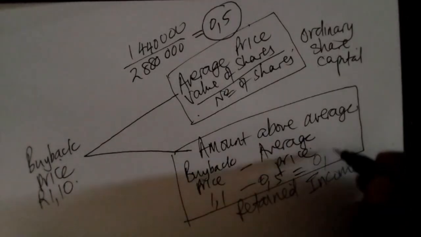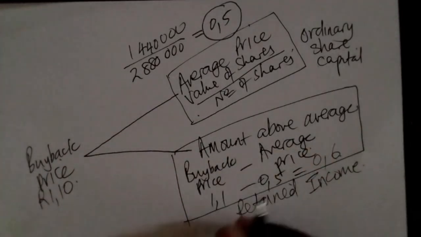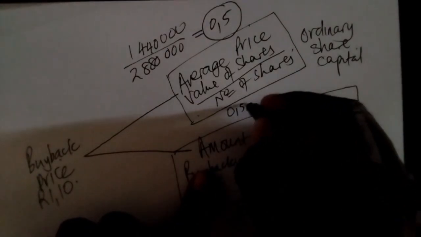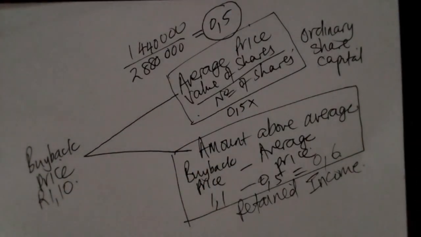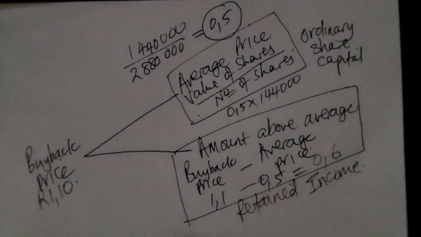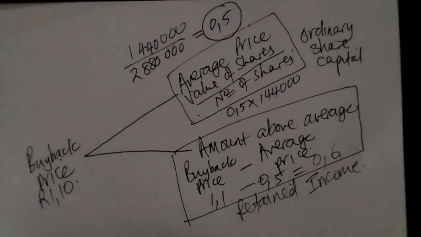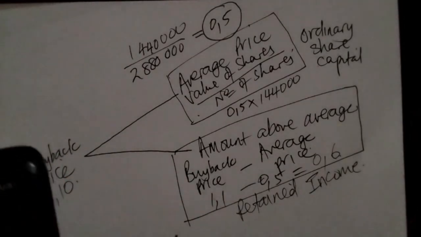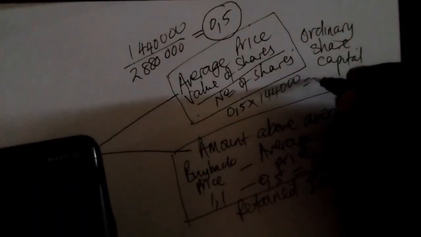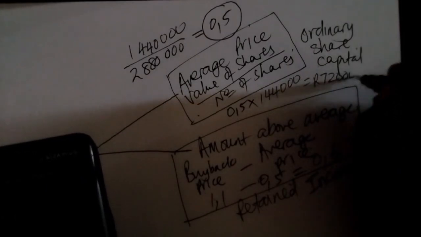So when I'm dealing with ordinary share capital, I'm going to say 0.5, which is the average price, times the 144,000, which is the number of shares that were bought back. So when I'm reducing my ordinary share capital, I'm going to reduce it using 72,000.